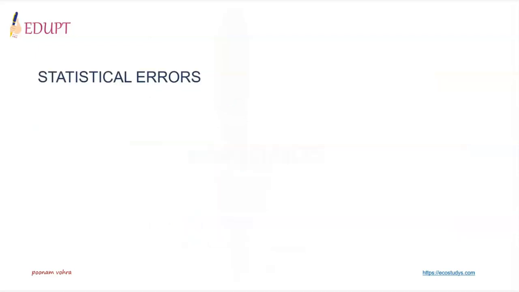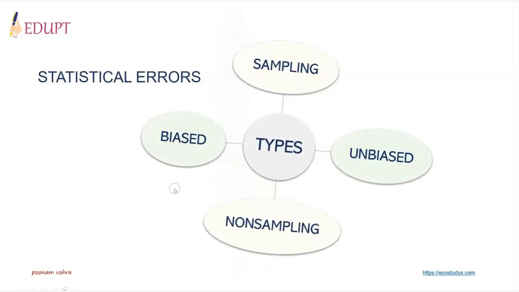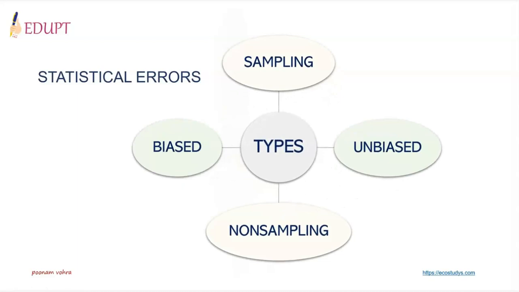This we have already understood, that sampling is an analysis performed by selecting several observations from a larger population. The method of selection can produce both sampling and non-sampling errors. So statistical errors may be due to sampling errors or non-sampling errors, and may be biased or unbiased.